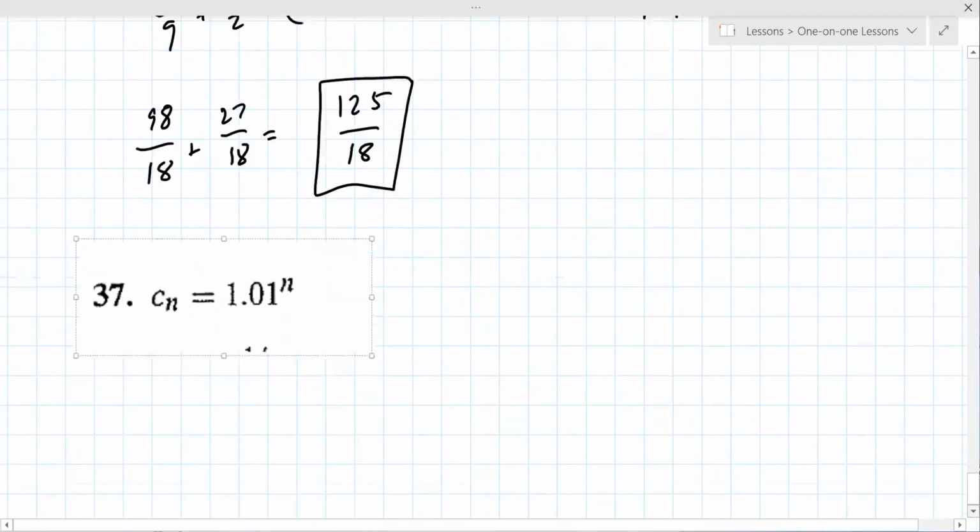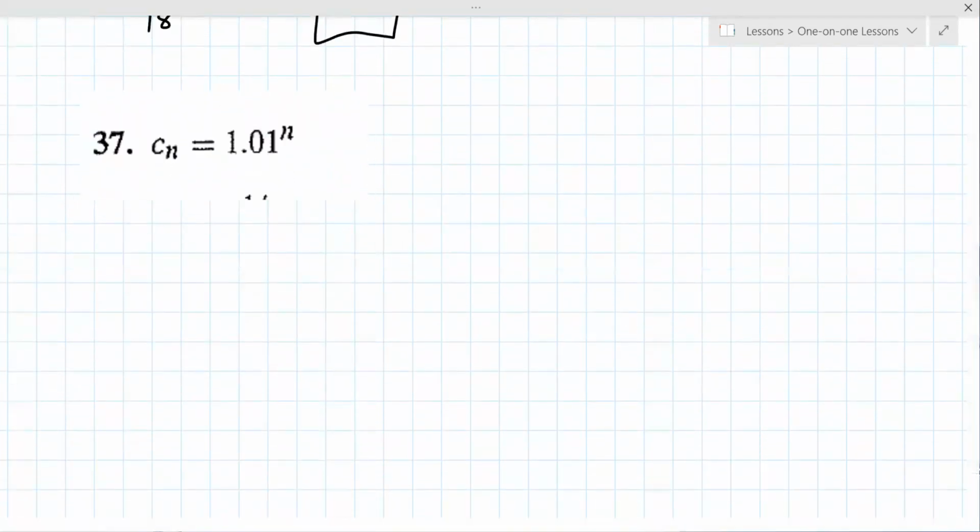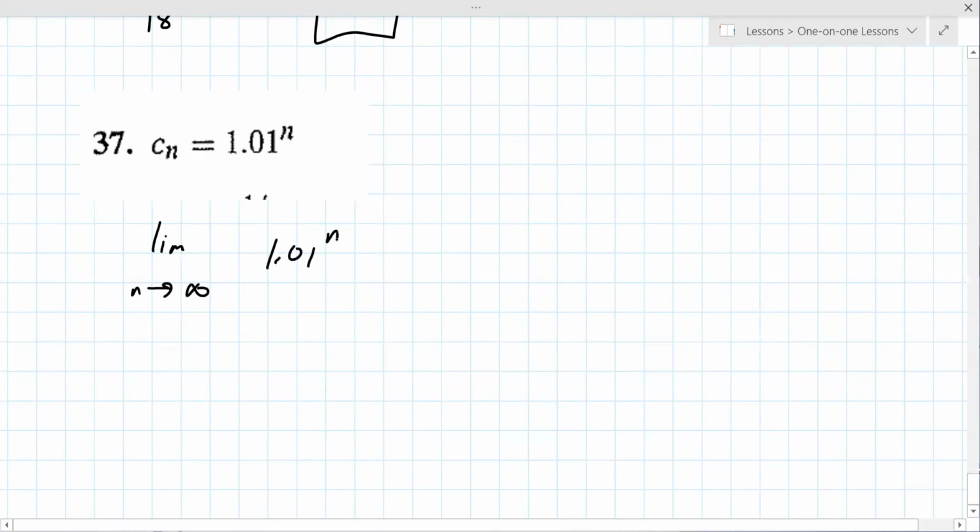All right. So this one is just trying to figure out what happens as n gets large. It's asking what is the limit as n goes to infinity of 1.01 to the n. Okay. So this is essentially like there's a definition.